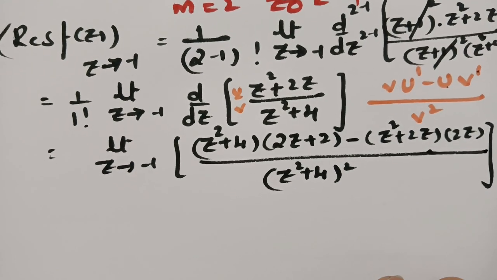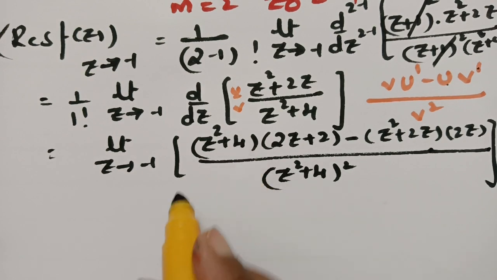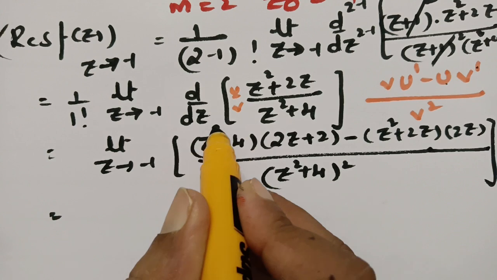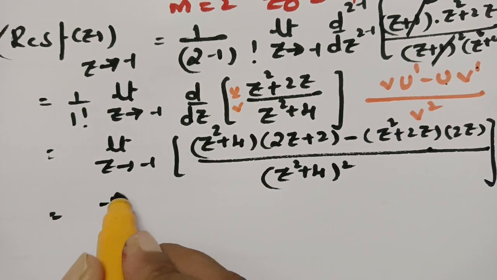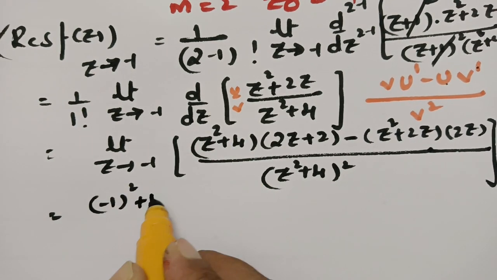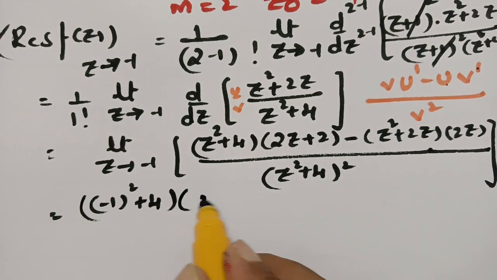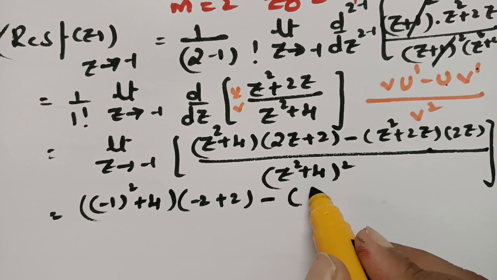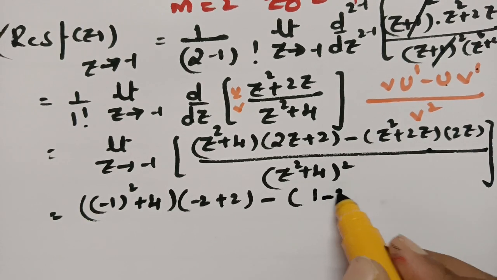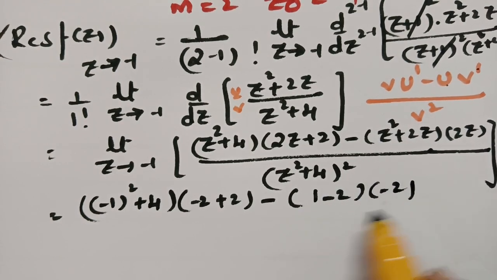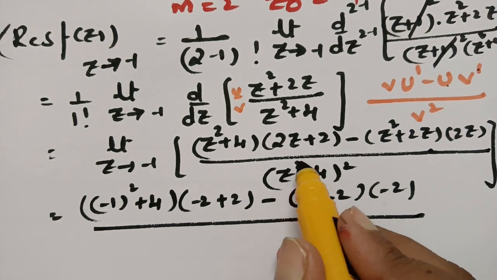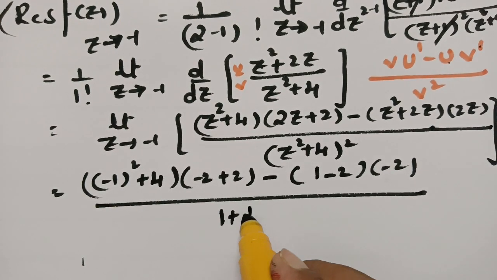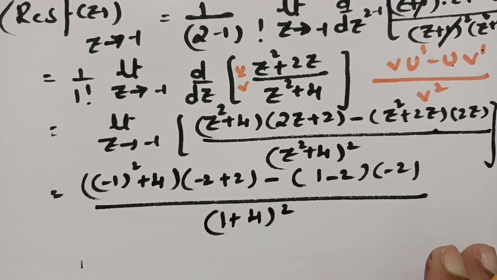And now we have to substitute z value as minus 1. If I substitute z as minus 1, minus 1 square is plus 1, minus 2 plus 2 is 0, minus 1 square is 1 plus 4 whole square.